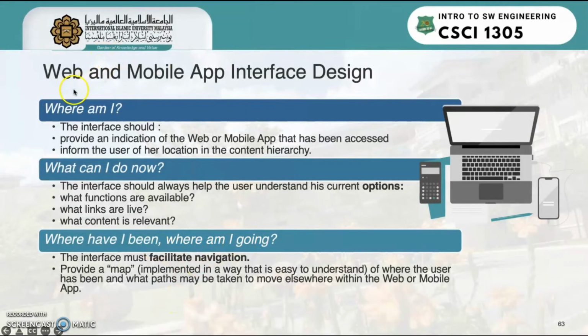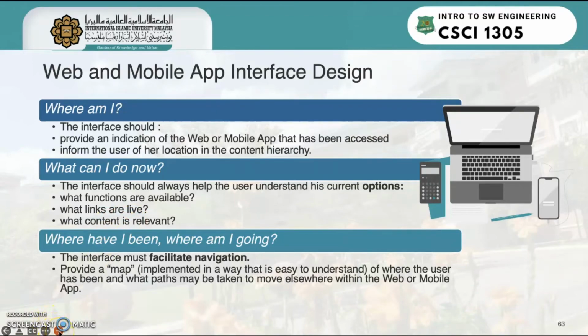So now for designing interface for web and mobile app, you are recommended to look into the user's perspective, okay, whether they know where they are, in terms of the hierarchy or location in the system. What can they do with the system? Like what functions are available, what content is relevant, and where to go next from here.